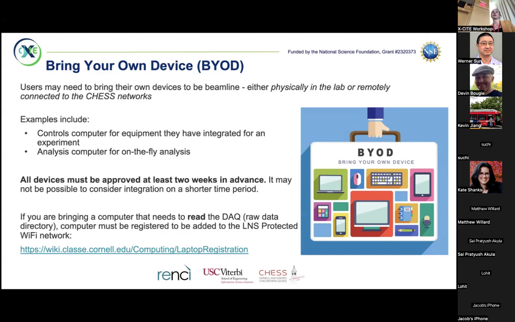So you need to work with CHESS IT at least 2 weeks ahead of time to make sure that your equipment can be integrated. If you try to get approved after 2 weeks, it just may not be possible for you to bring it to the Beamline. I really need to emphasize that because at times IT has been great and has been able to heroically get things working, but you shouldn't depend on that because it may actually not be possible in such a short time period.